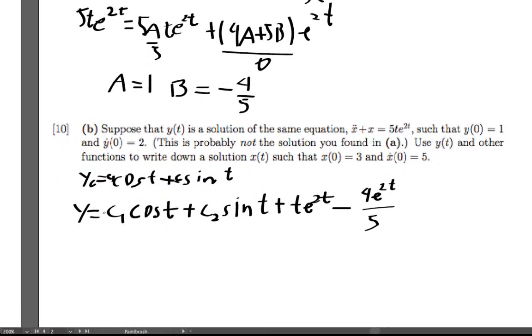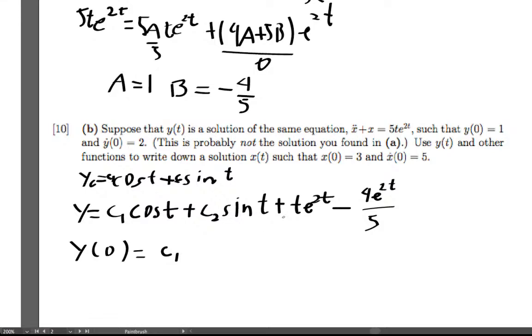So what happens when this is evaluated at 0? You just plug in t equals 0. First thing, sine of t would cancel that entire term out. That would be c1 times cosine 0, that's 1.